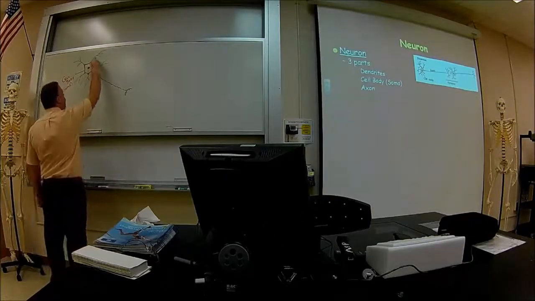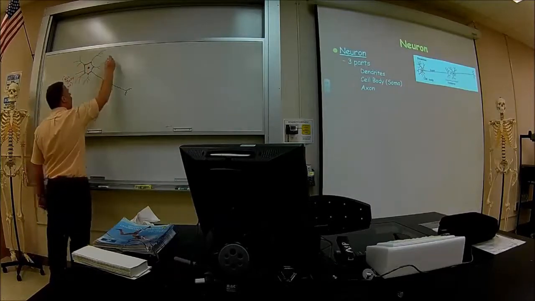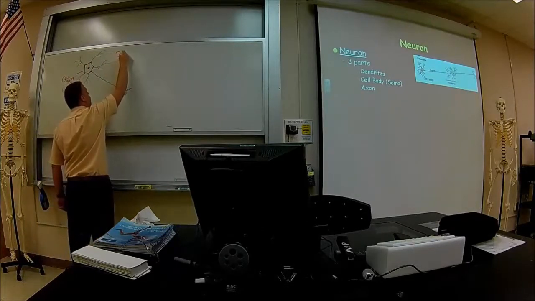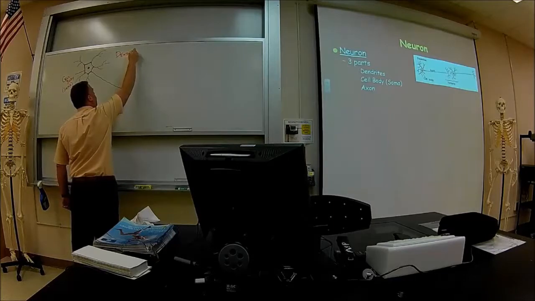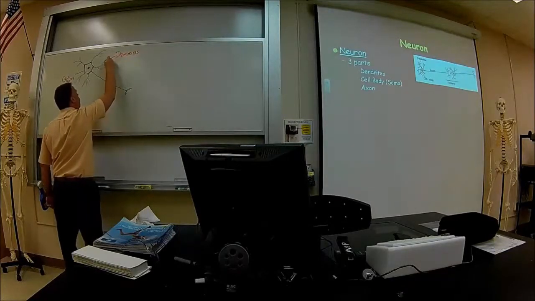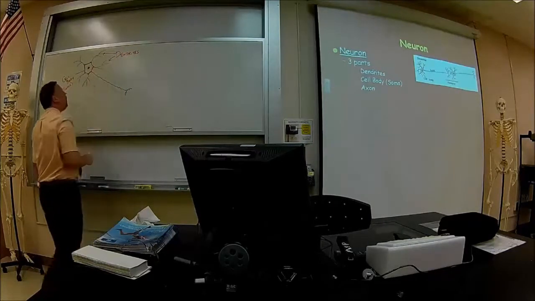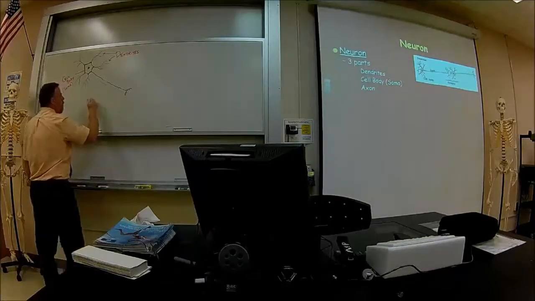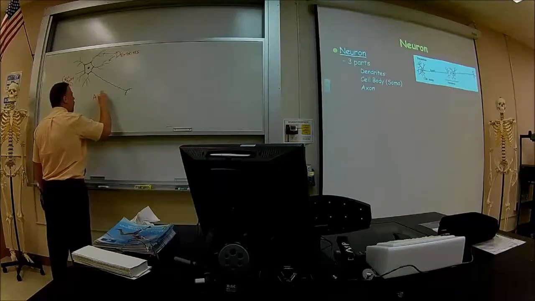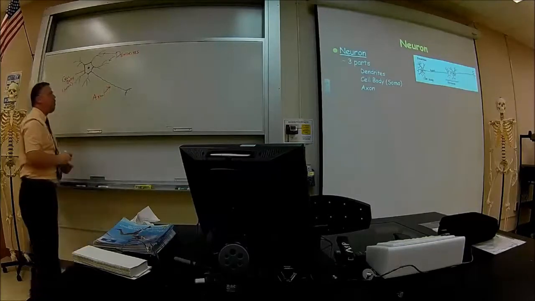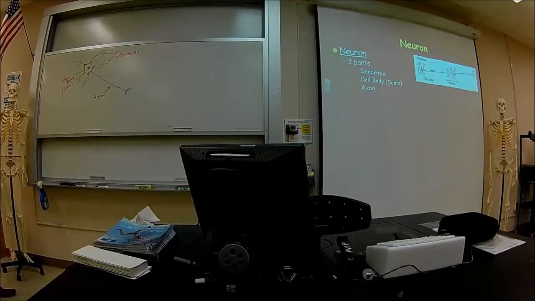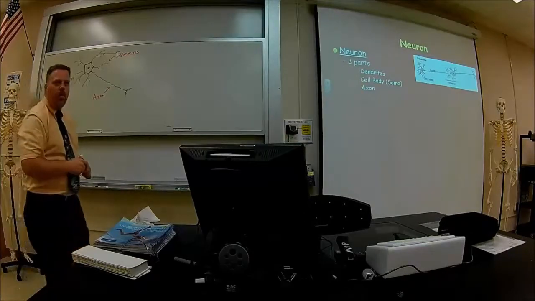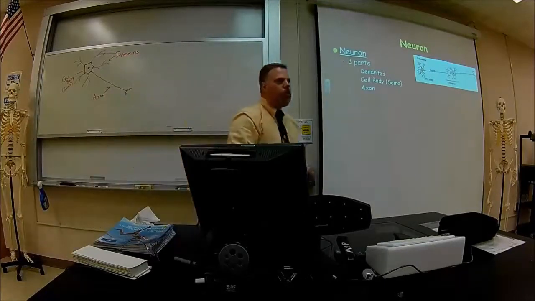Then we have these other branches that come off. These are called dendrites. And then there's going to be one long one, and that's called an axon. You should be able to sketch a neuron and understand its parts.